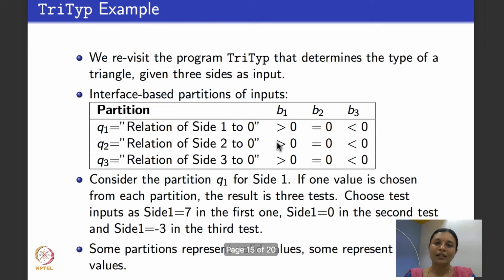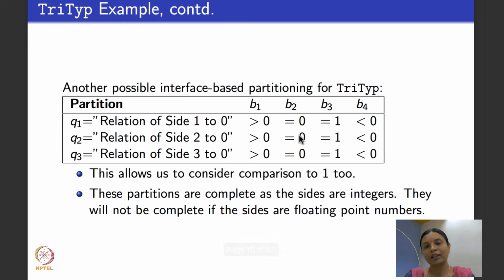This partition checked greater than 0, equal to 0, less than 0. Sometimes you might want to refine it into 4 partitions: greater than 0, equal to 0, separately equal to 1, and less than 0. This is just a choice, an illustration of an alternative option for partitioning.